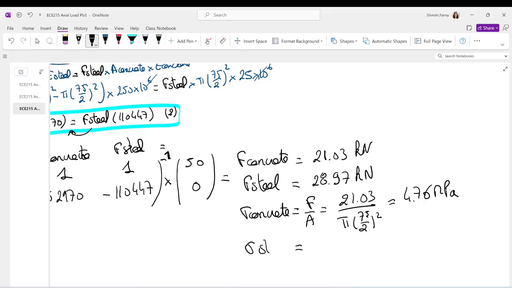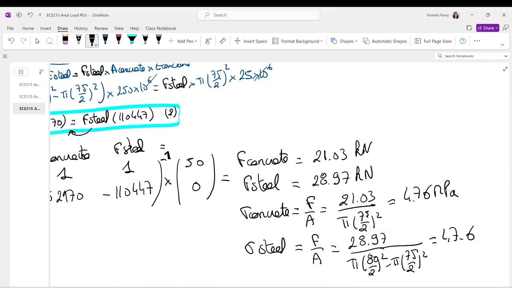And sigma in the steel equals the force divided by the area of the steel, so this is 28.97 divided by pi times 80 divided by 2 squared minus pi times 75 divided by 2 squared, because this is just the pipe, and we get 47.6 megapascal.